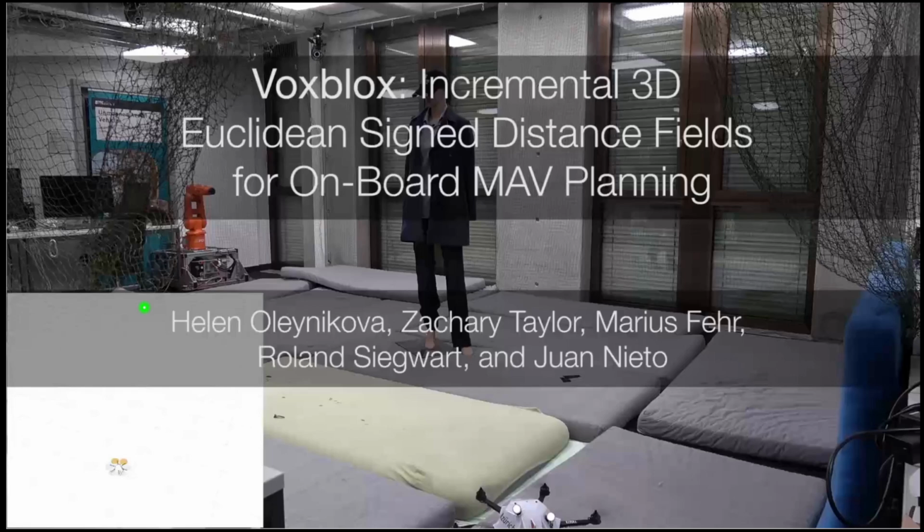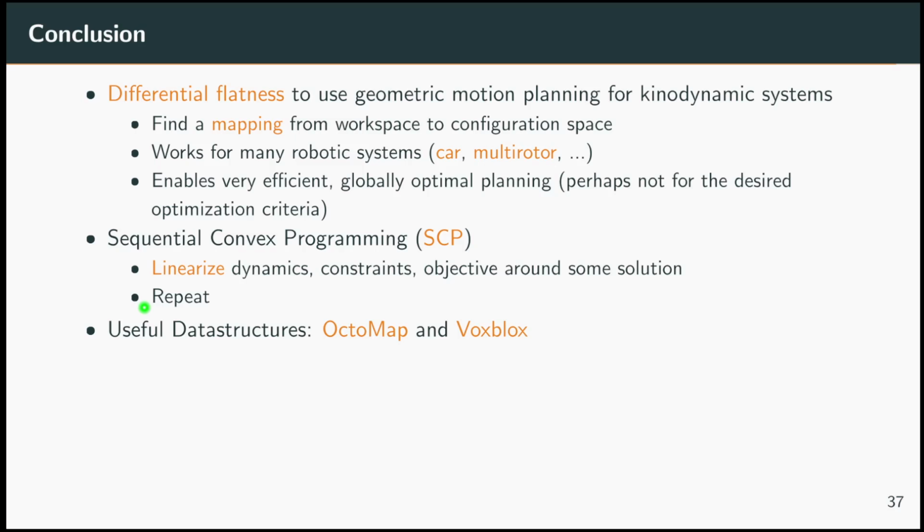In the interest of time, I will skip this video and just conclude what we have learned today. We started by looking at differential flatness, and the idea was that if we can find the special mapping from the workspace to the configuration and action space, we can then plan extremely efficiently just using spline optimization, even for kinodynamic systems. If that is possible, I would highly recommend doing that first for your robot.